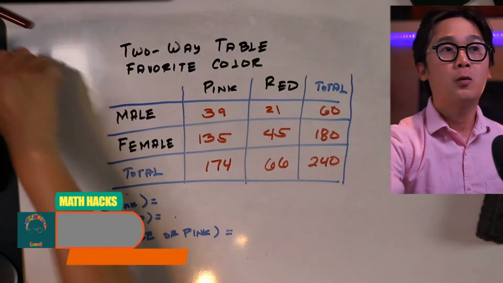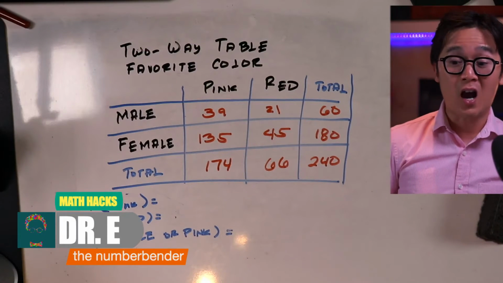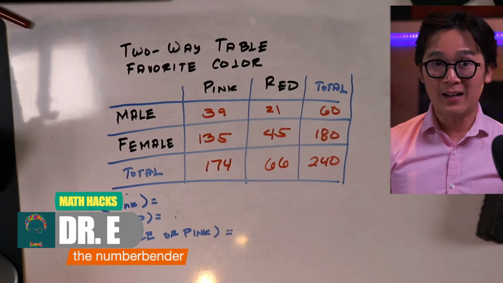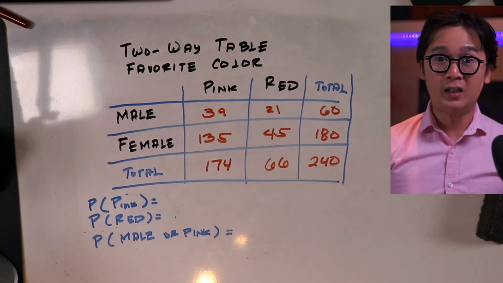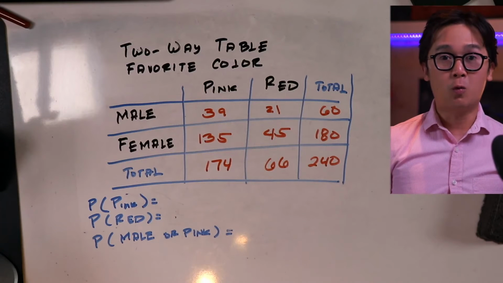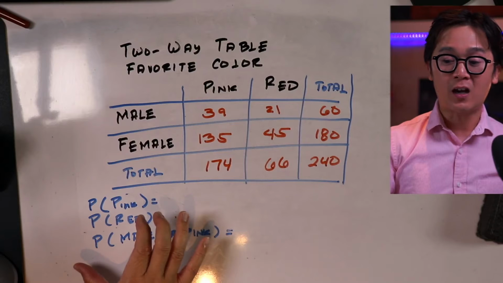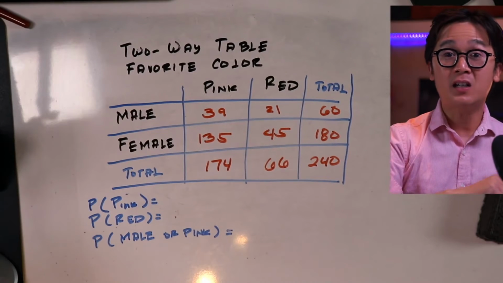So here we have a contingency table on my students' favorite color, and the two colors that we are using are pink and red, and there are 240 students in this survey divided by gender. To answer probability questions, knowing your notation and understanding your two-way table makes it a lot easier and simpler.